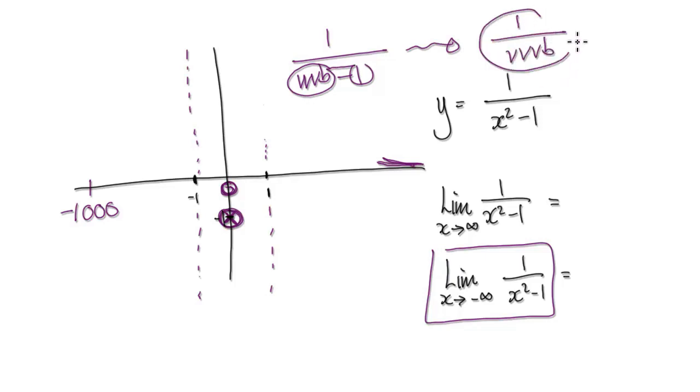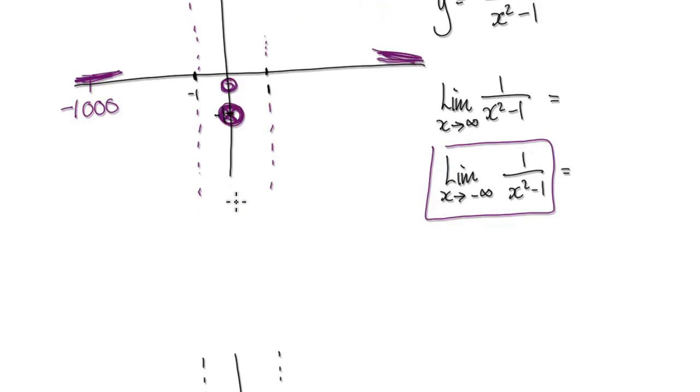So this is going to head towards 0, and it's always positive, meaning our graph will look something like this. We know it passes through 0, negative 1. So far this is what we know.